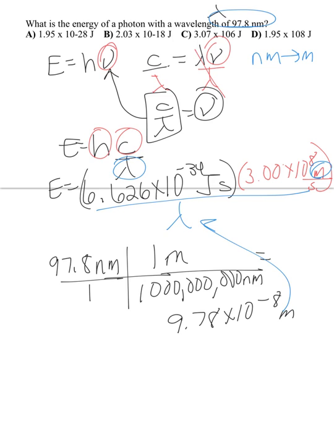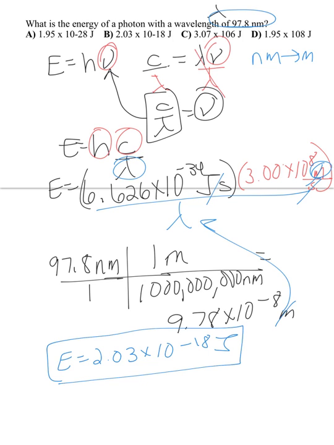Okay, when we put this in the calculator, you should get E equals 2.03 times 10 to the negative 18. The meters cancel out, seconds cancel out, and you get joules, which is a unit for energy. And if you look at your problem, that is answer B.